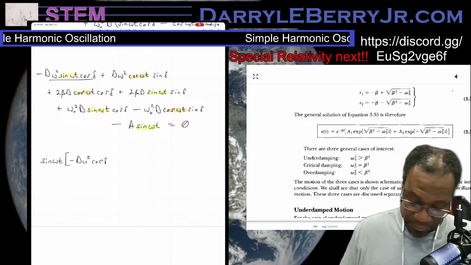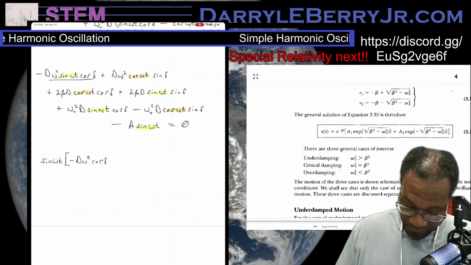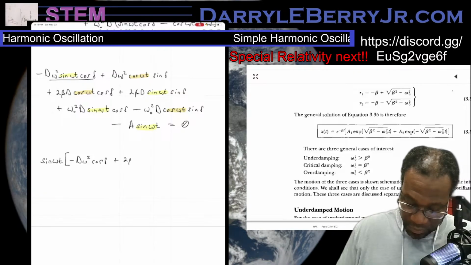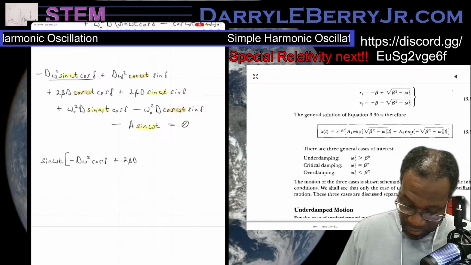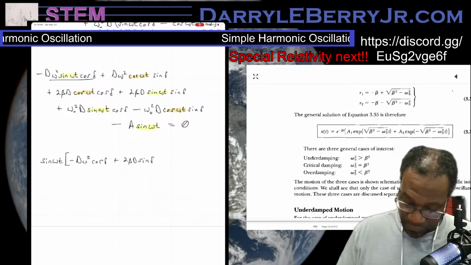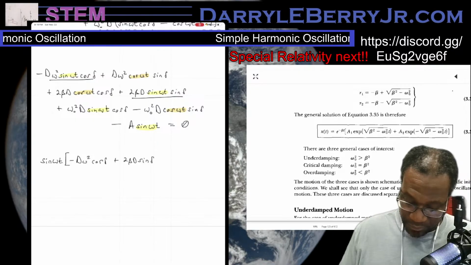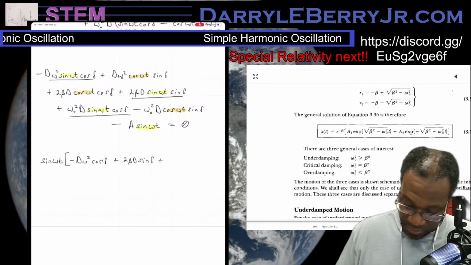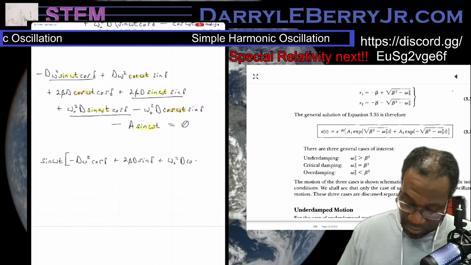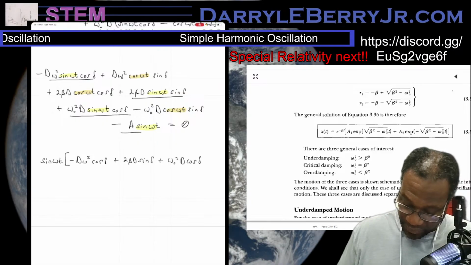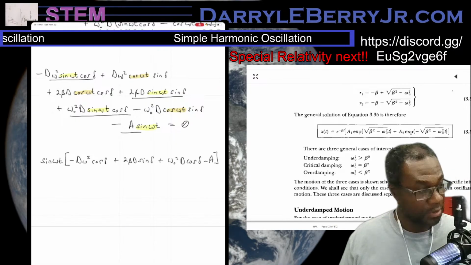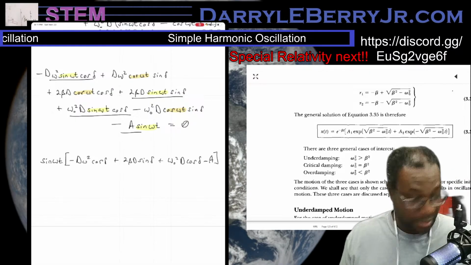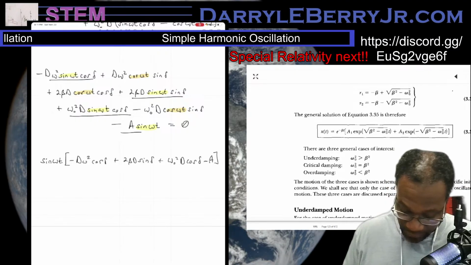That's this first one here. Then I'm going to have plus 2 beta d sine delta. That's subtracting that one there. Then I'll do this one here, which is plus omega naught squared d cosine delta. And then we just have a minus a. And we can see how that works out nicely.